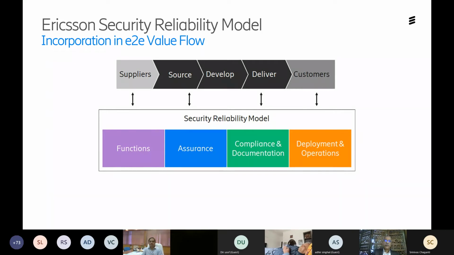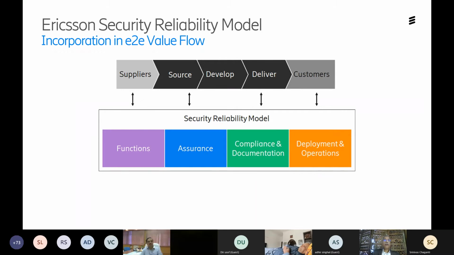Purple box talks about the functions that are implemented in a solution. Second one, steps that are used in the assurance phase. Assurance is once you have delivered, what are you doing with it? That's the part. The third one that we are talking about here, how do we inform our users about compliance and documentation?